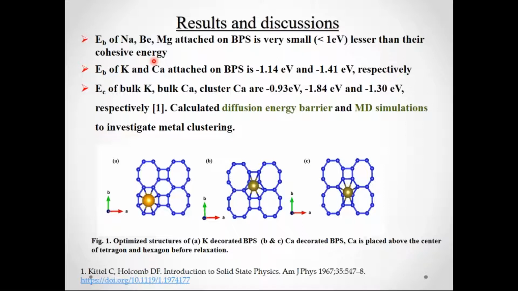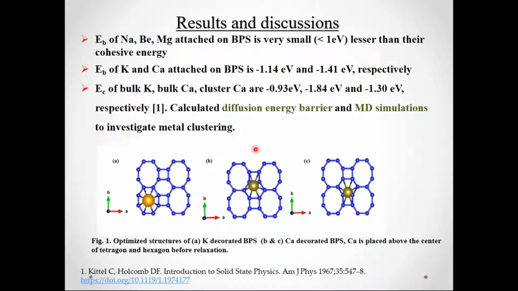So these metals will prefer to form clusters instead of binding individually. So we have not considered these metal atom decorated structures for hydrogen storage purposes. While in the case of potassium and calcium, the binding energy is more than their cohesive energy. That means they will prefer to bind individually, and these structures have been studied for hydrogen storing purposes.